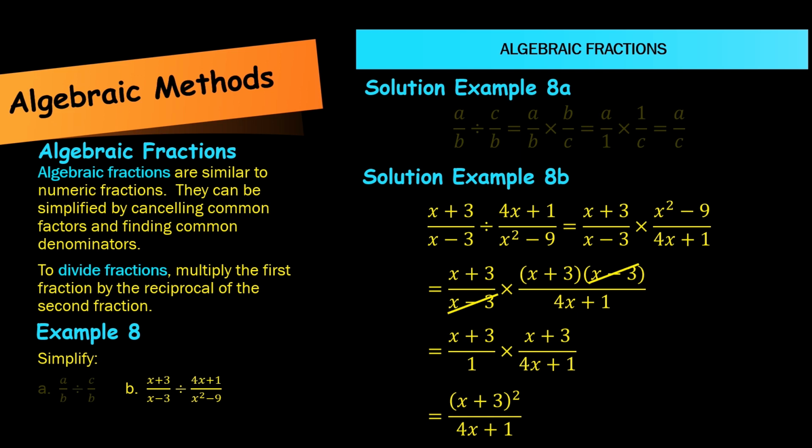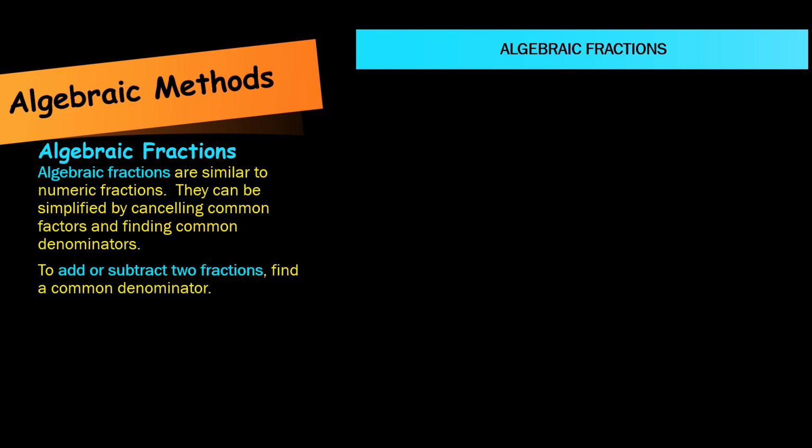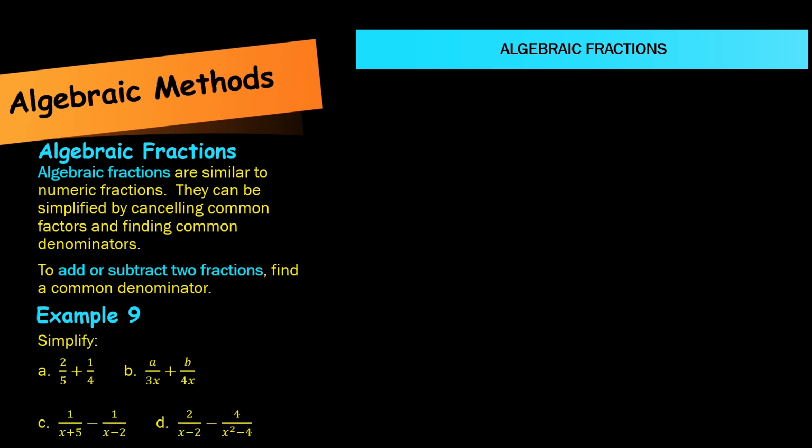Let's now take a look at another example. Pause the video and have a go. Press play when you're ready to view the solutions. We begin with part A. So in order to add two fractions, we need to make sure that each fraction has a common denominator.